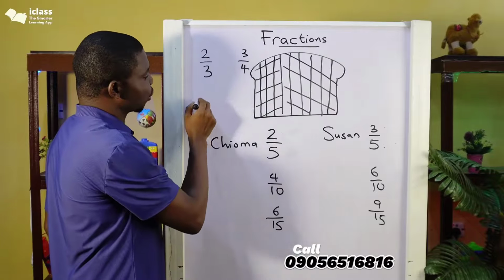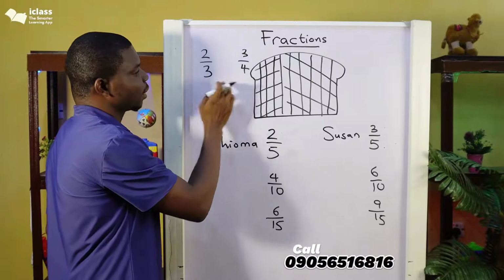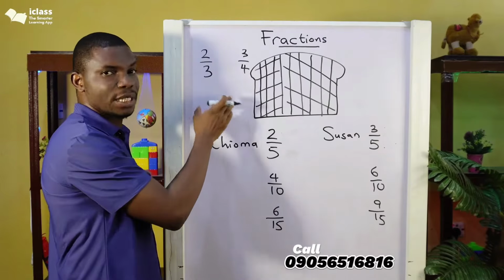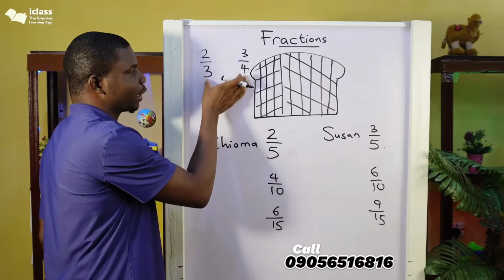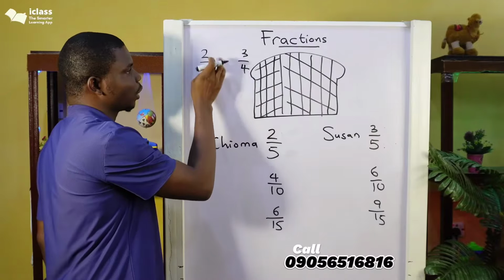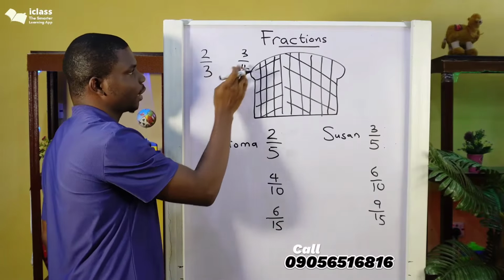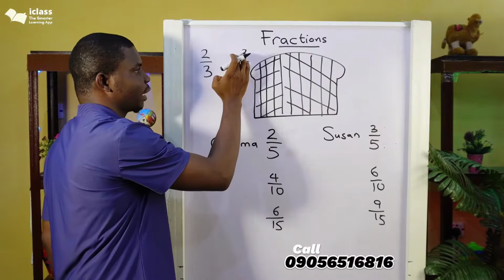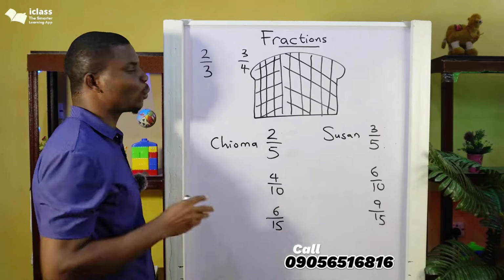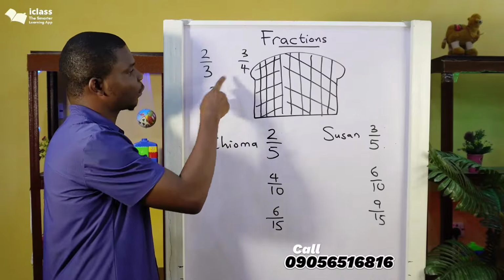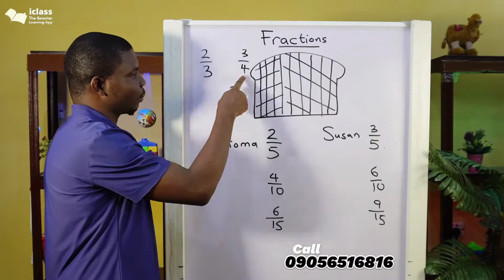What we need to do is to make their denominators the same, just like we have here. Just look for equivalent fractions of 2/3 and equivalent fractions of 3/4 that have the same denominator. And how we do that is by looking for the LCM of 3 and 4.